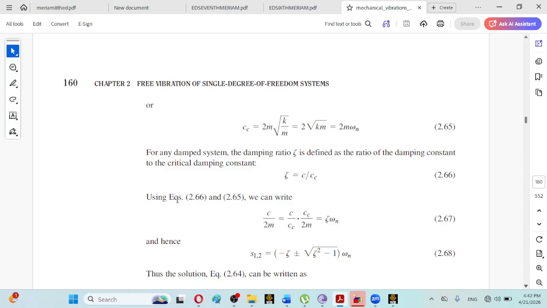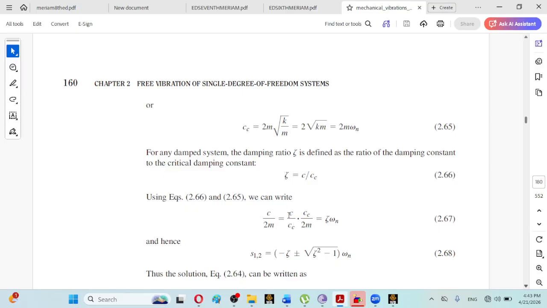Here it says that using equation 2.66 and equation 2.65, these two terms meaning the critical damping constant and damping ratio, we can write the radical sign, meaning C by 2m is equal to, how we can manipulate it, C by 2m, we will simply be multiplying and dividing it by Cc, the critical damping constant.